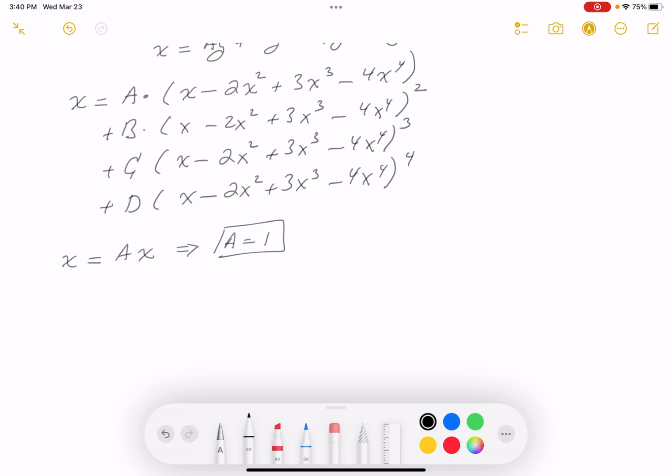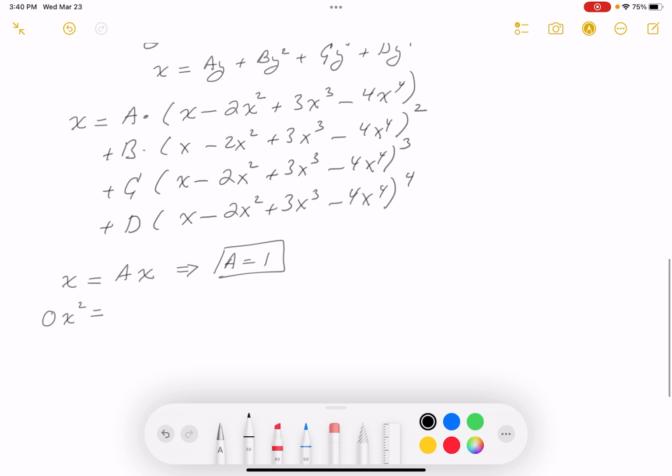All right, let's go to the next thing, which, after the x, there are no squares on the left side, but there are squares on the right side. And I got to make sure they all add up to 0. So what would you get? From the first row, you would get minus 2ax squared. And what do you get from the second row?